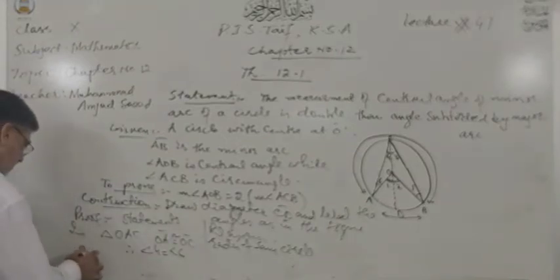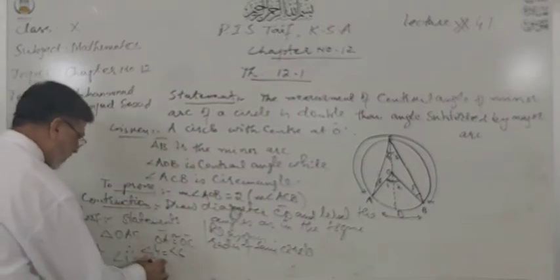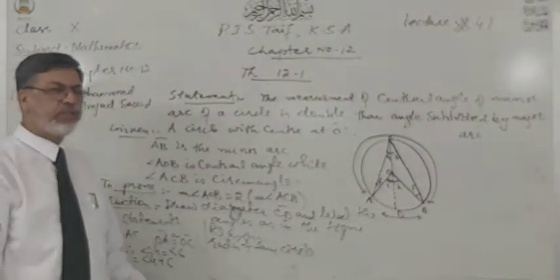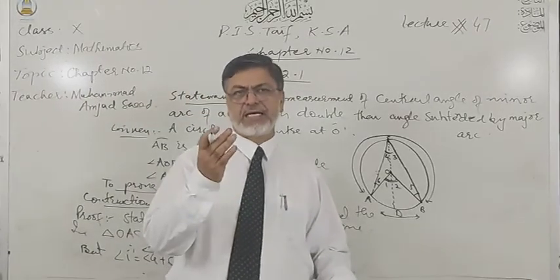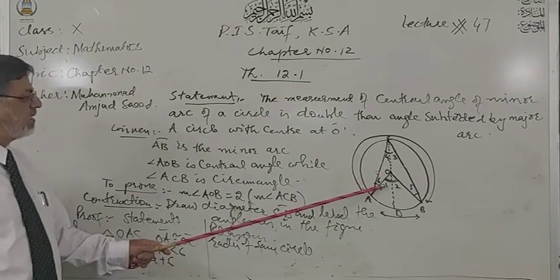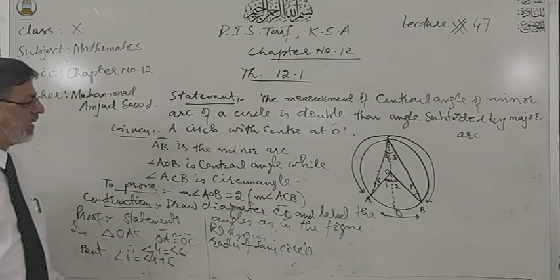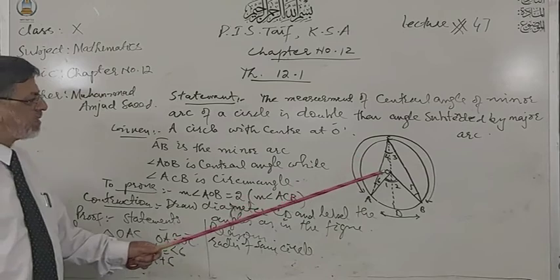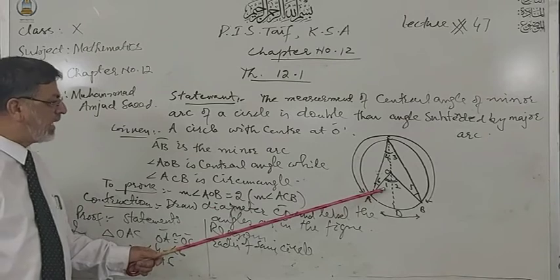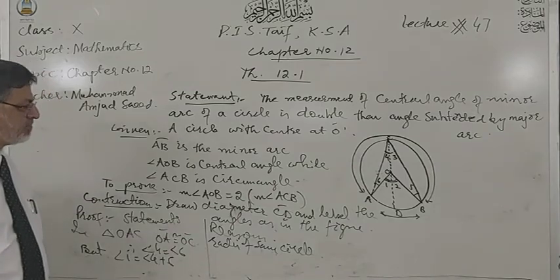But angle 1 is equal to angle 4 plus angle 6. This is a well-known theorem, mentioned even in class 8: in a triangle, the exterior angle is greater than either opposite non-adjacent interior angle. In triangle OAC, angle 1 is the exterior angle and angle 4 is a non-adjacent opposite interior angle.